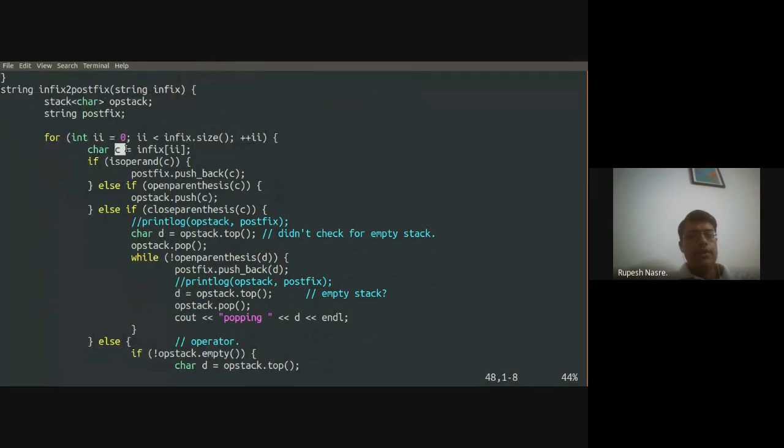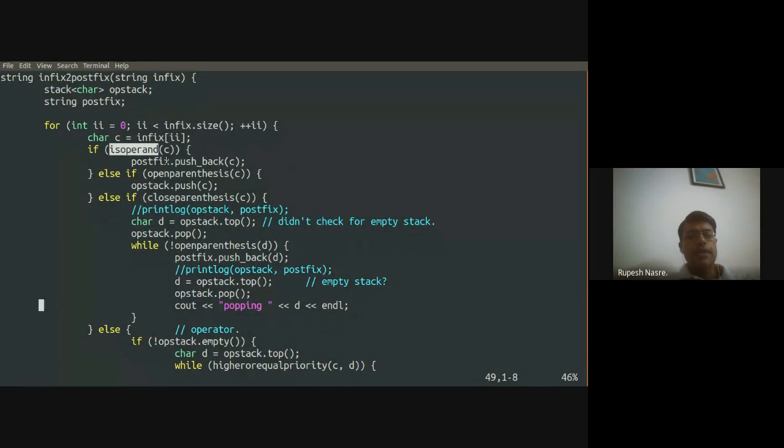Whatever is the character, if it is an operand, then I just print it. I mean, in this case, I am just pushing it to the output string. If it is an opening parenthesis, then I just push it to the operators. If it's a close parenthesis, then I need to extract the elements until I find the open parenthesis. That is what is happening here.